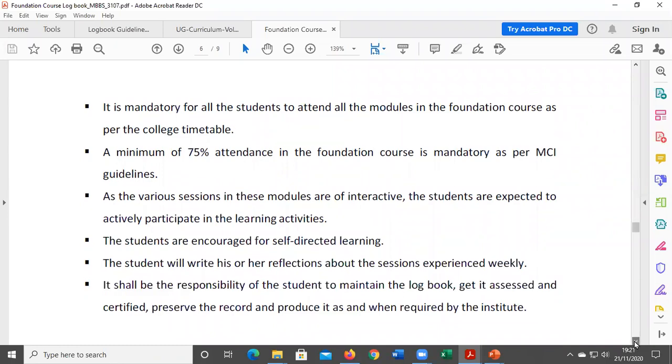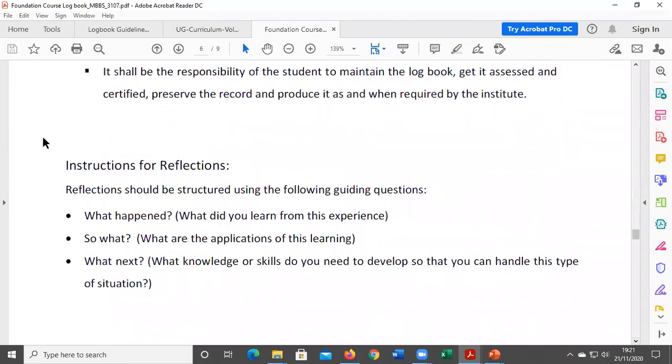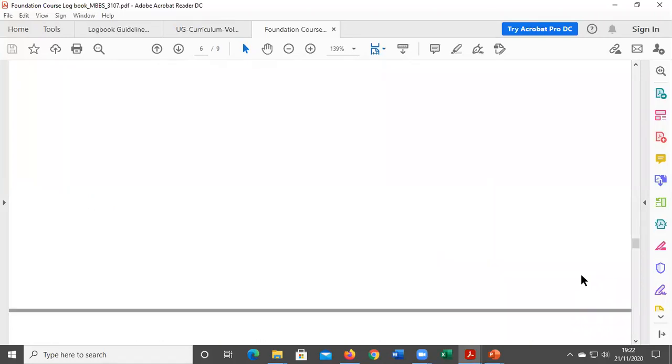And of course the structure of reflections, what was expected from the students to write: the 3 common questions that we are all familiar with. So this is what was given to the students in the instructions page.